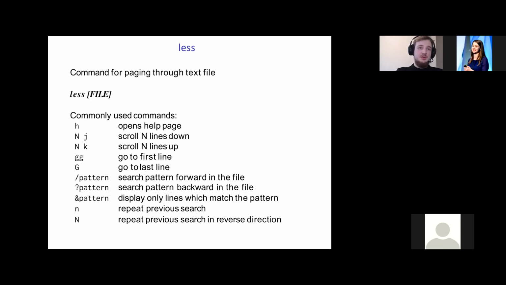A very useful option for this command is -s, which is not written here. Often we're working with sequencing data and we have very long sequences. Normally, when we open the file with less, it would wrap the line, so the part that doesn't fit on our screen is moved to the next line.